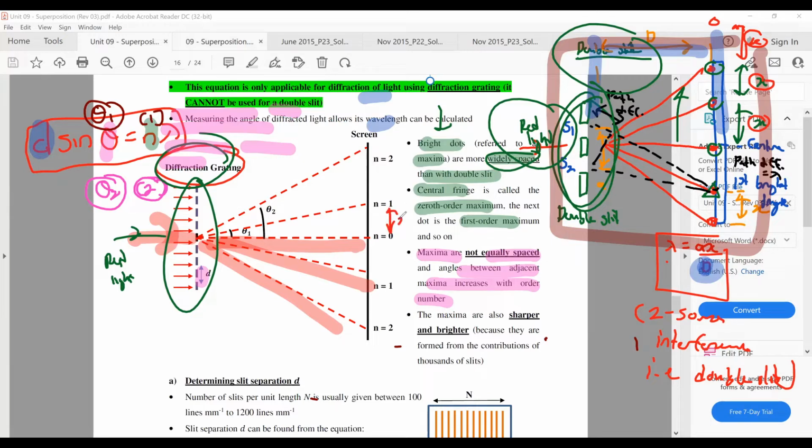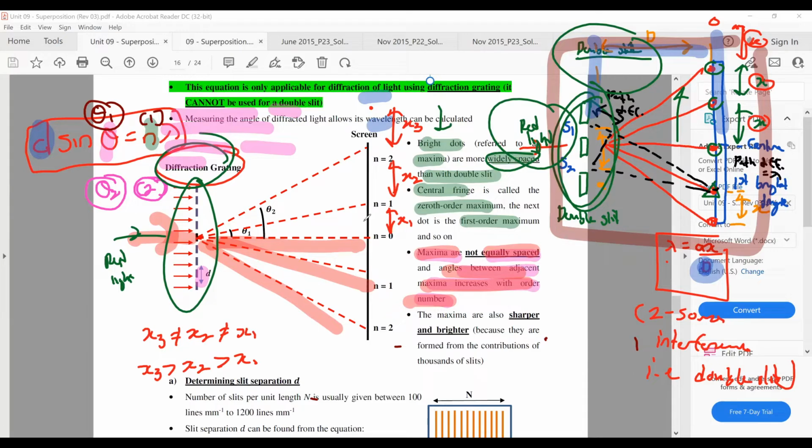This distance x1, this distance x2, and maybe another distance x3, what will happen is that they're not going to be the same. x3 is not the same as x2, is not the same as x1. Instead, x3 is going to be more than x2, is going to be more than x1. That's what this statement here means. They are not equally spaced, and the angles between the adjacent maxima will increase with order of magnitude.